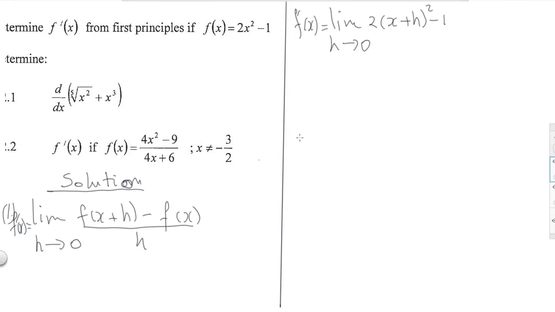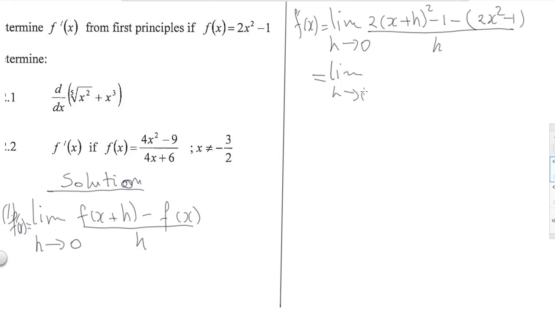Then a minus of the formula, we open brackets, then we have f of x. Why do I open a bracket? Because we have two terms here, 2x squared minus 1. So I write 2x squared minus 1. So the first thing you do, you substitute into the formula, and the next thing you do is expand.